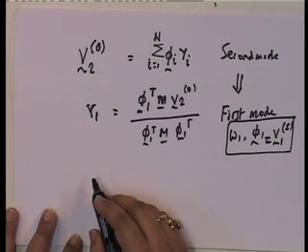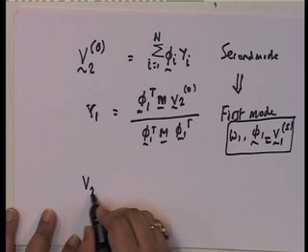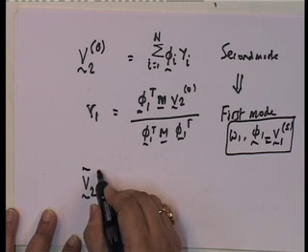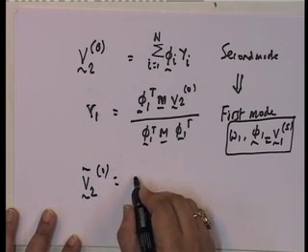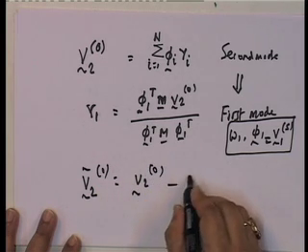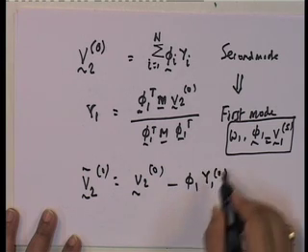And what I do is I find out a new V 0, which is V 2 0 minus phi 1 y 1 0.